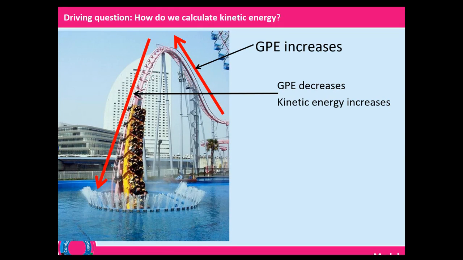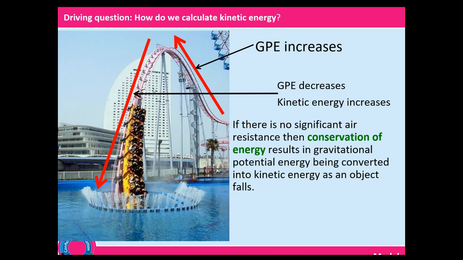Just before the car reaches the water level, the gravitational potential energy would have been converted to kinetic energy. We are assuming in this case that there is no air resistance. So if there is no air resistance, all of the gravitational potential energy will be converted into kinetic energy.